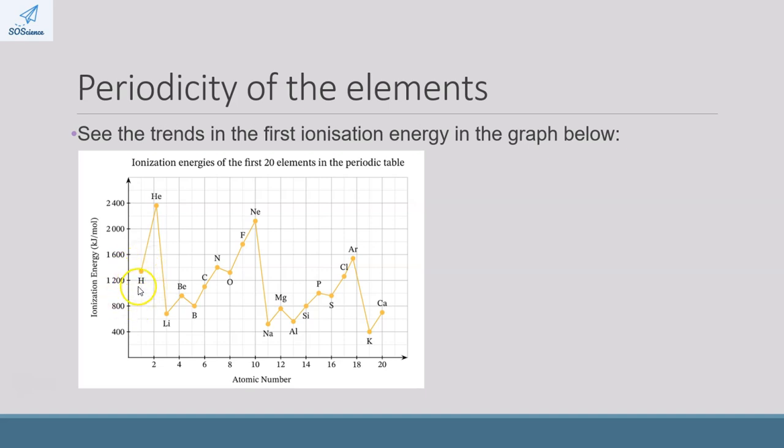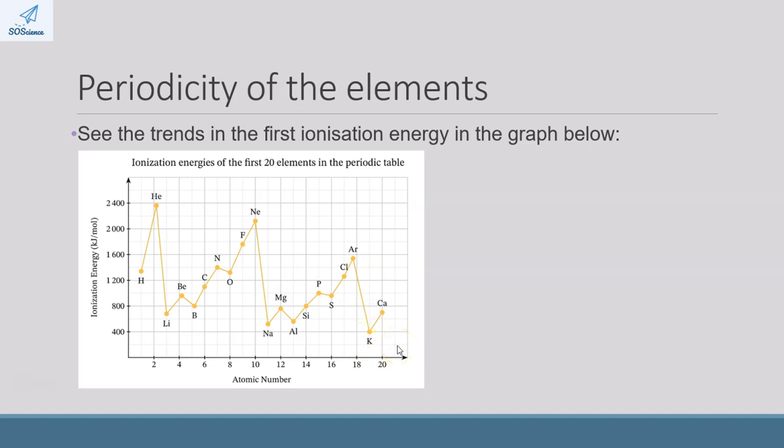Period 1 starts with hydrogen, period 2 starts with lithium, period 3 starts with sodium, and period 4 starts with potassium. And we can see also a downward trend, meaning that it takes more energy to remove the outermost electron of hydrogen, which is in period 1, relative to potassium, which is in period 4.